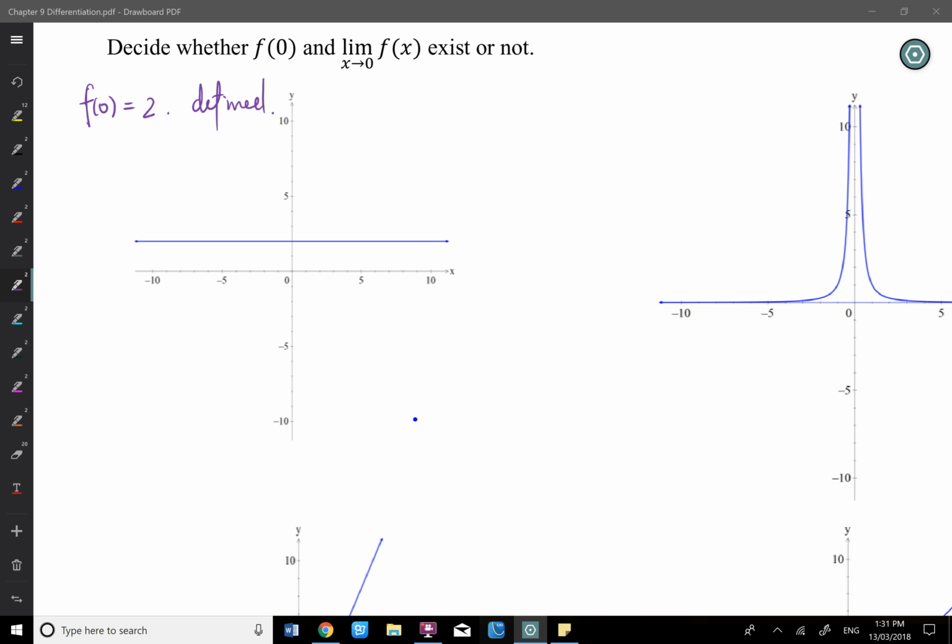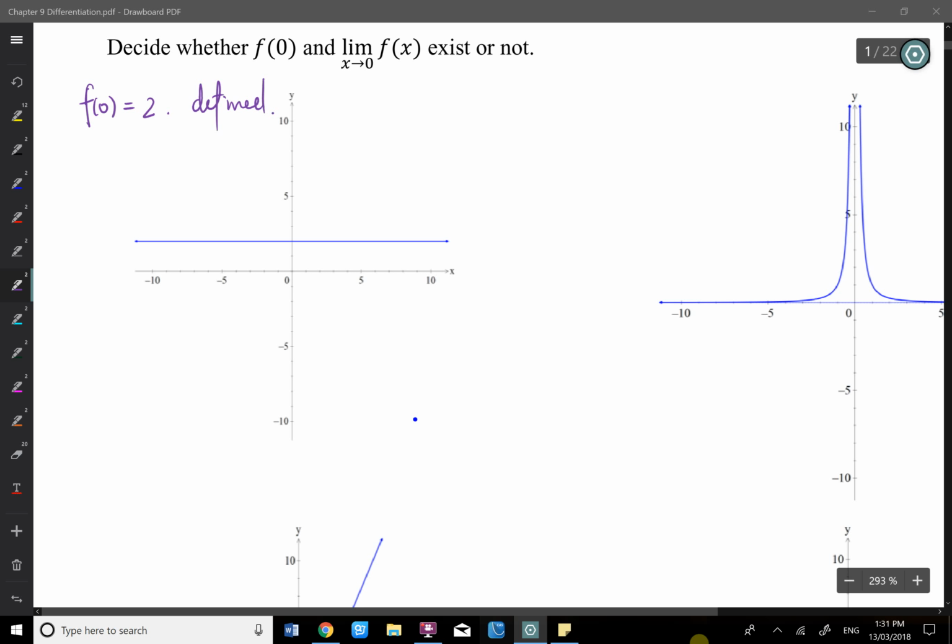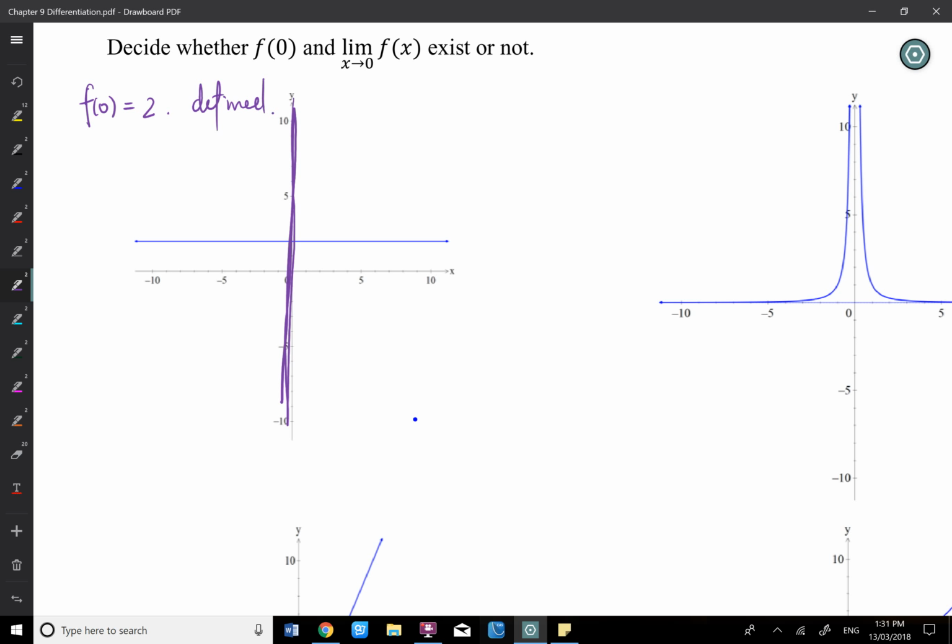Do you think the limit exists? Location 0 is this location. The blue graph is the path. If you have a person walking on the left and a person walking on the right, will they head towards the same point?